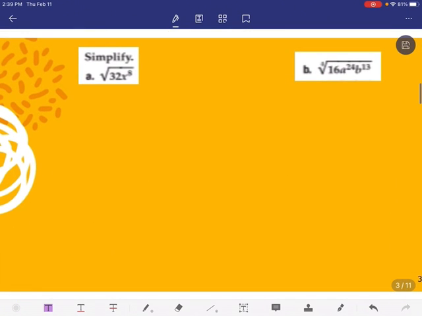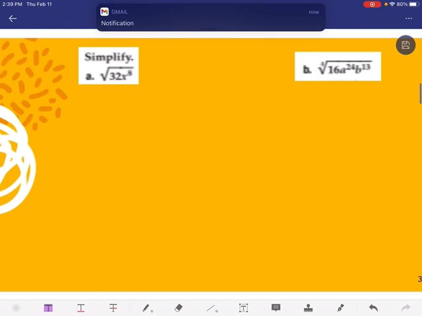So notice that on our first one, we have the square root of 32x to the 8th. So we want to look at both of the components of these. The first is going to be the number, and then the second part is going to be the variable.